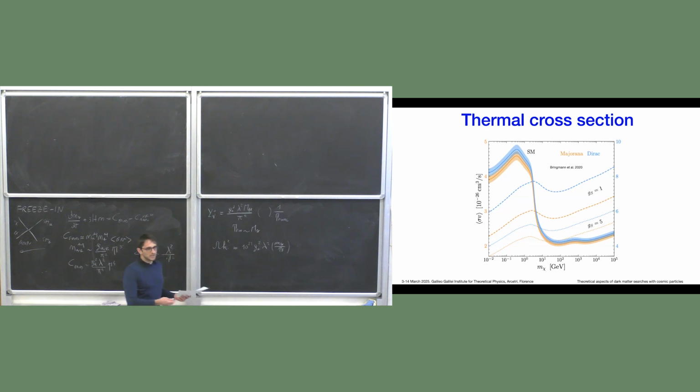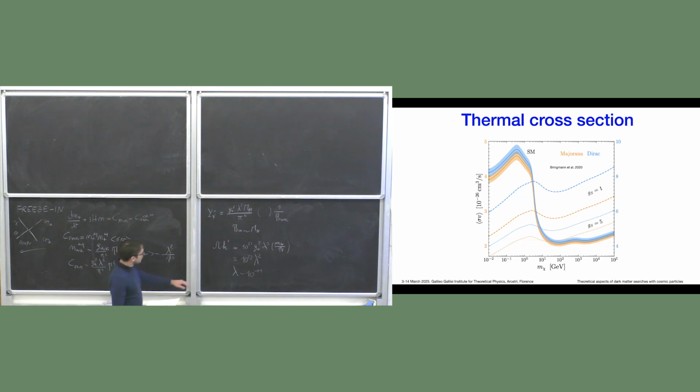It depends if the standard model particles are fermions, scalars or bosons. But basically, the order of magnitude is 10 to the 22 lambda squared. So you can see that lambda, to work in the freeze-in case, should be of the order of 10 to the minus 11, 10 to the minus 12, okay?